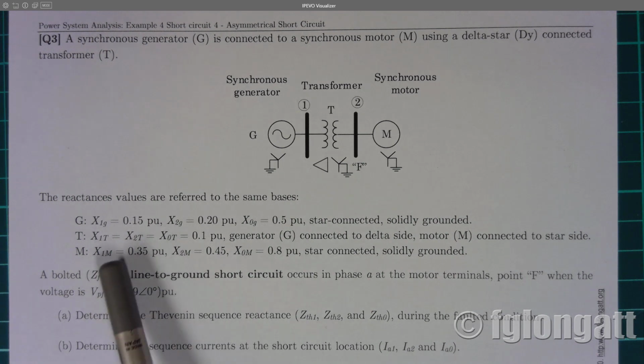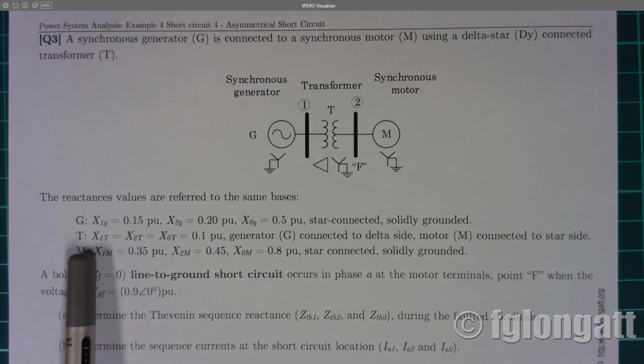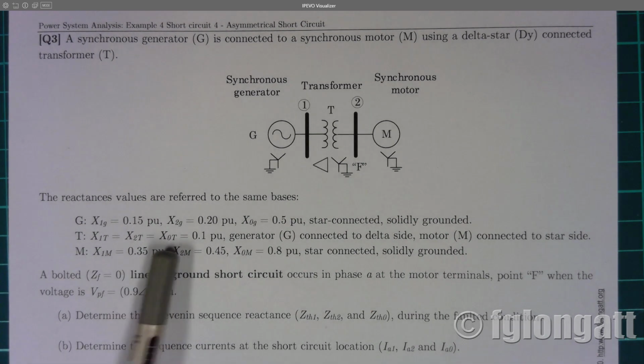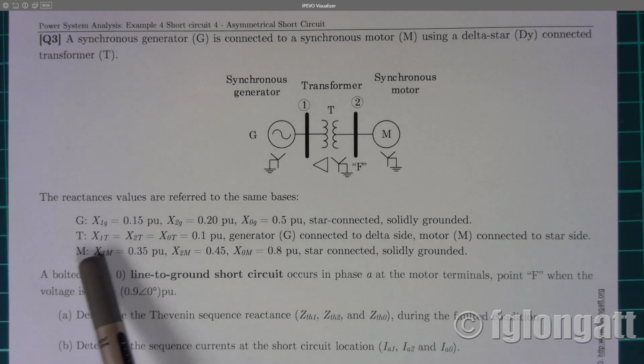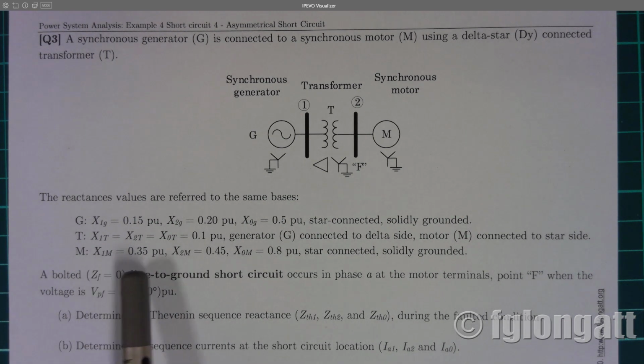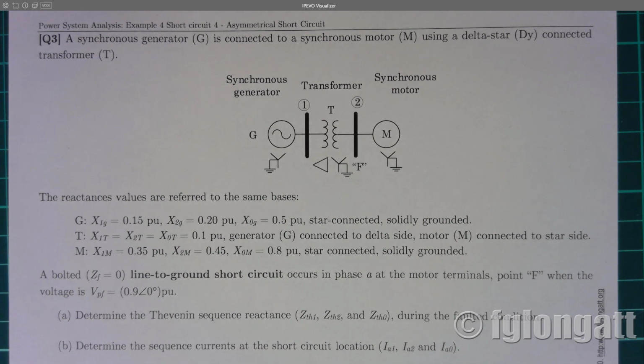And here we have a transformer, and its positive, negative, and 0 sequence reactances are all the same, 0.1 per unit, okay? And finally, we have here the positive, negative, and 0 sequence reactance for the synchronous motor, okay?